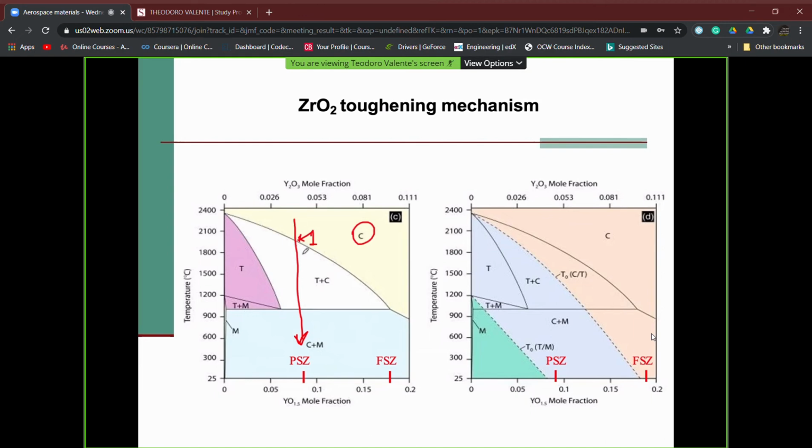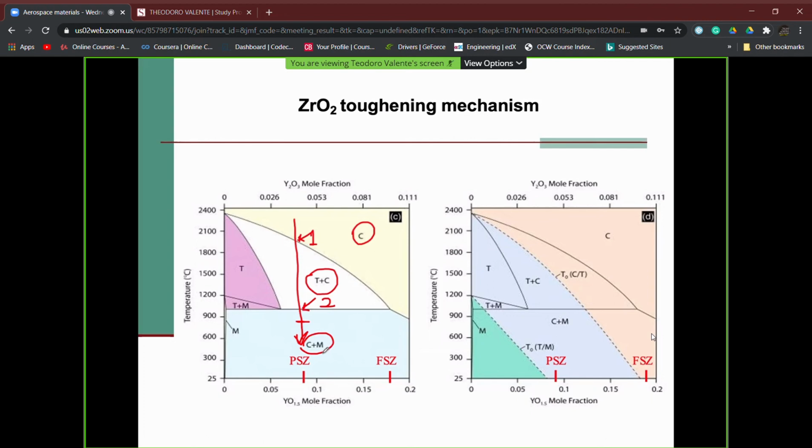If we are going to temperature values which are lower than this one, more or less around 2000, we have two phases which are stable from a thermodynamical point of view, the tetragonal phase T and the cubic phase C. If we are going to go to a temperature value which is lower than this one, the temperature that we could call 2, which is something around 900, we do have again two phases which are stable from a thermodynamical point of view, that is the cubic phase and the monoclinic phase.